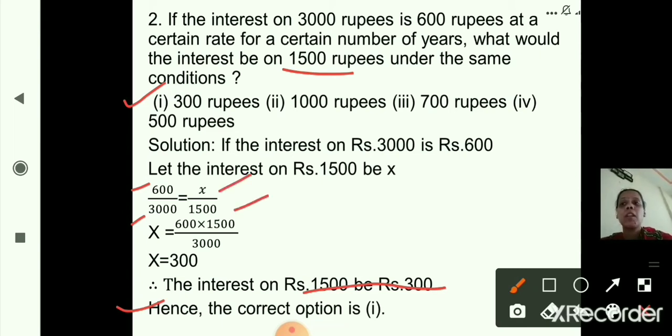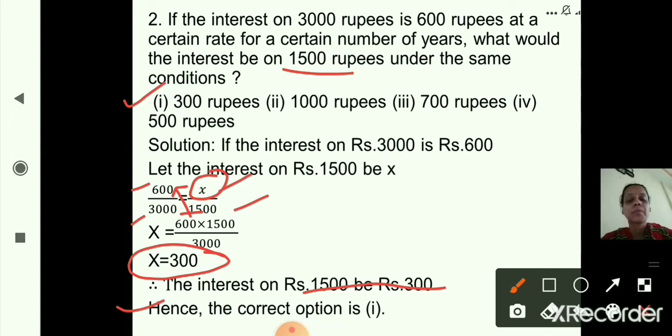So what is X? X is equal to 1500 going up in the numerator, and 3000 in the denominator. After doing cancellation, we got X is equal to 300 rupees. So the interest on rupees 1500 is rupees 300. Okay, the options are given, you will choose the correct option. First we need to solve this sum, then only we can identify the correct option.